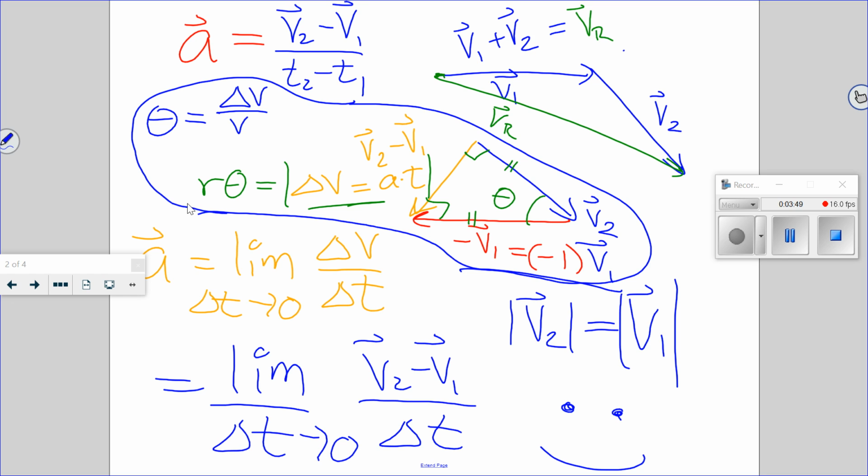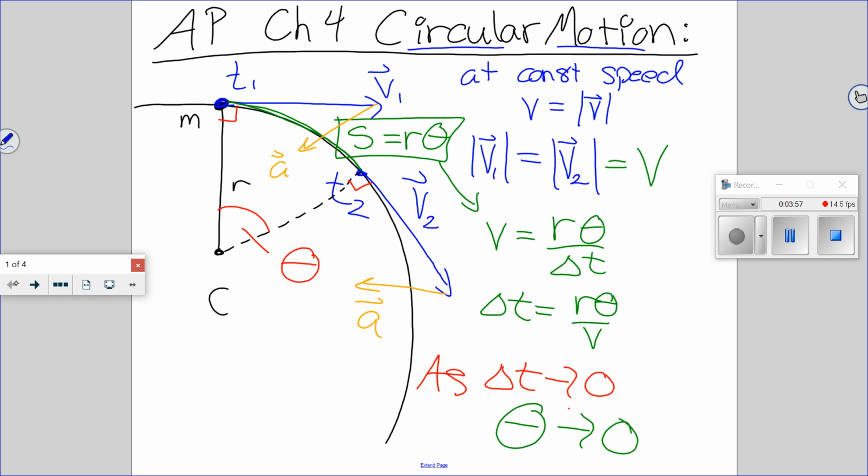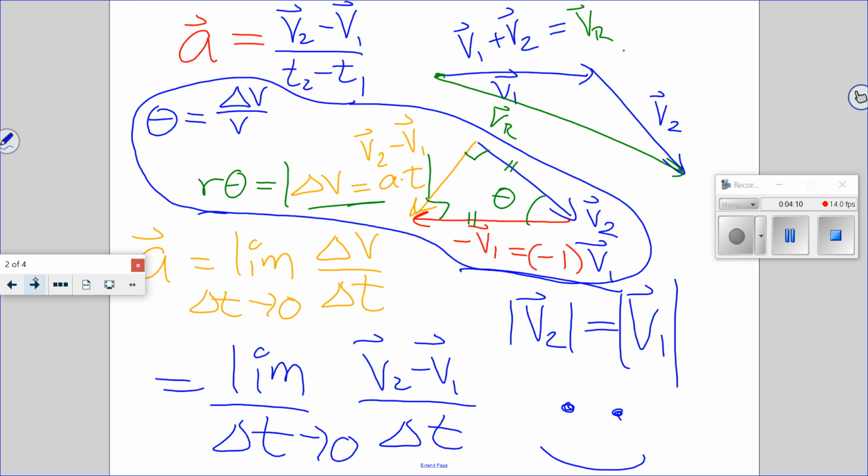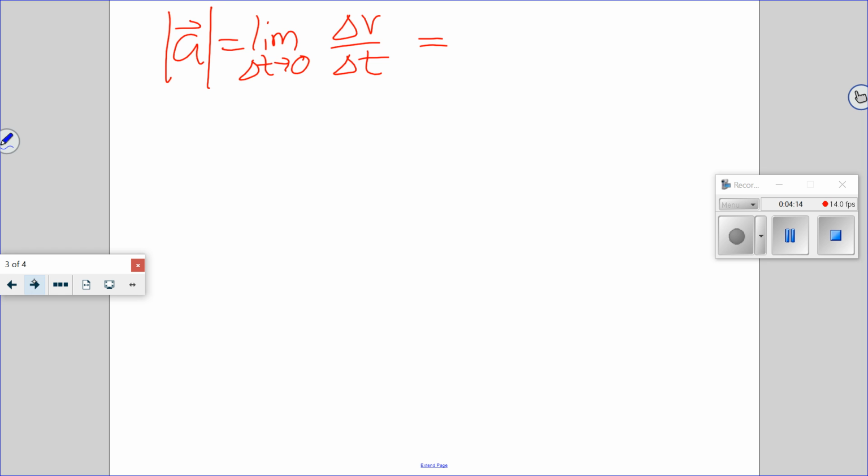That gives us a different expression because we're trying to take the limit as theta goes to 0. And from the first page, we also have S, our arc length, is r times theta. So we're going to collect it on our third page.